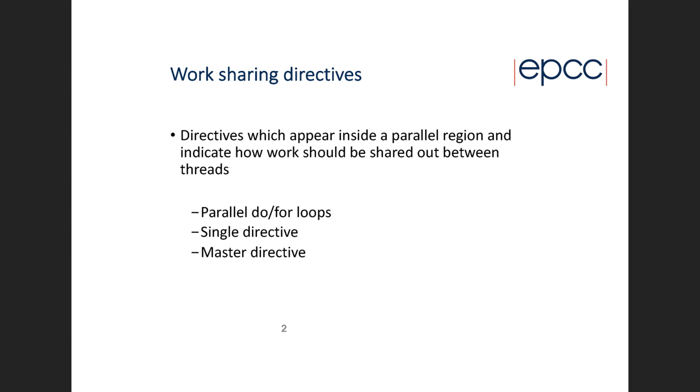So OpenMP provides these extra facilities for some of the common cases where you want to divide up work between threads. The ones I'm going to talk about here are parallel do or for loops, so how to parallelize loops, and then also the single and master directives.